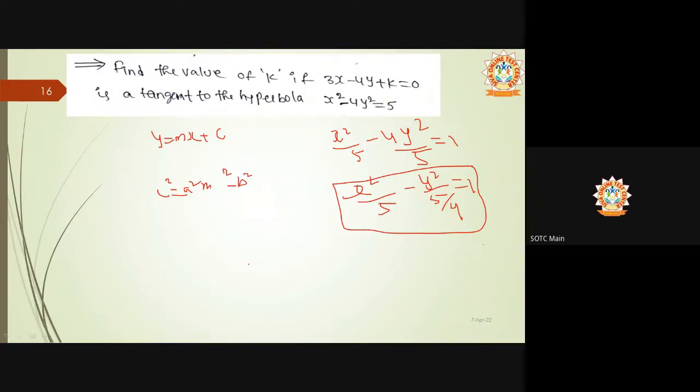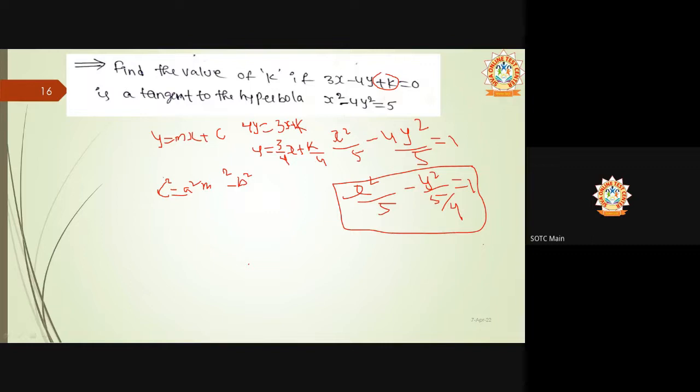So now this c will become your k here, so just make this into the form of y is equal to mx plus c. 4y is equal to 3x plus k. Then y is equal to what, ma? 3 by 4 x plus k by 4. Right?